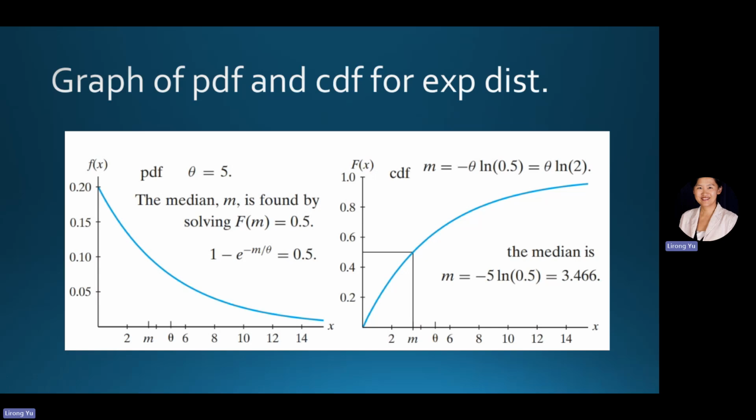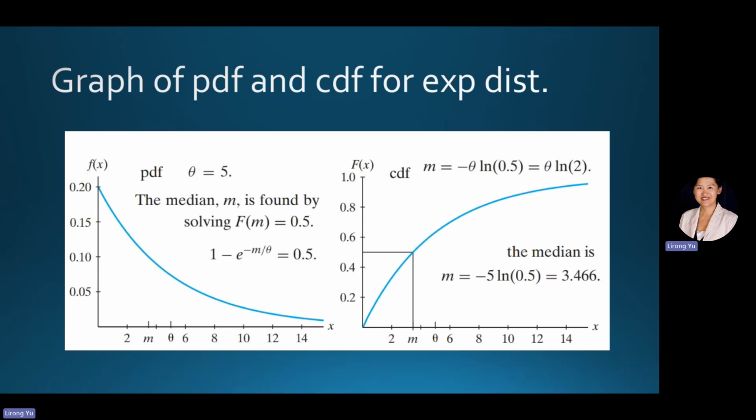Let's say theta equals 5, and then there's a calculation for the median. The median is at 3.466. All right, suppose the average waiting time is 5. This is again presenting one comparison. In statistics, the median and mean are supposed to be similar.